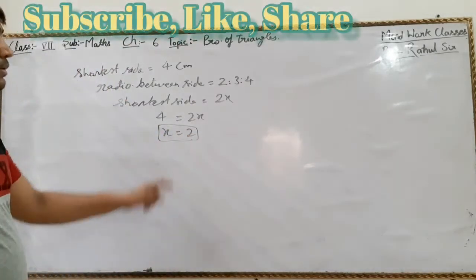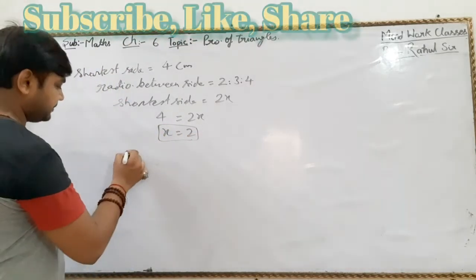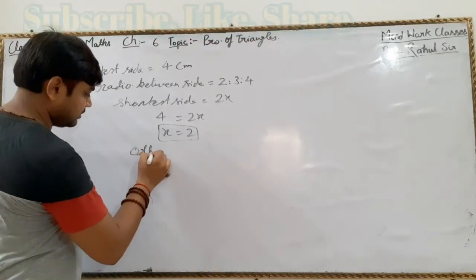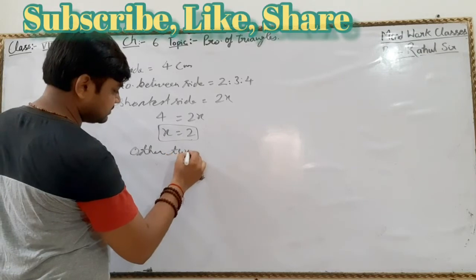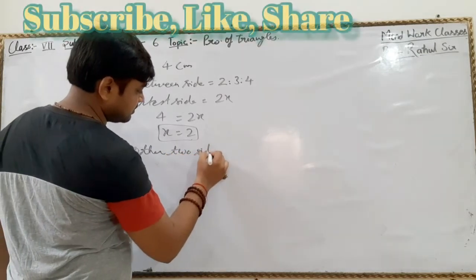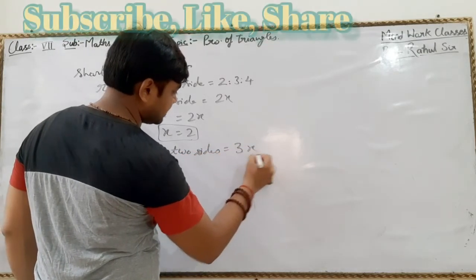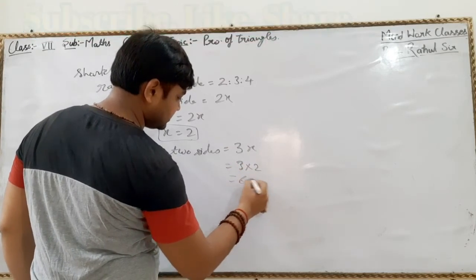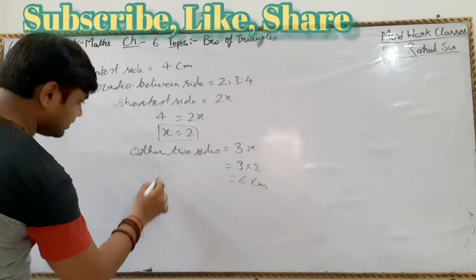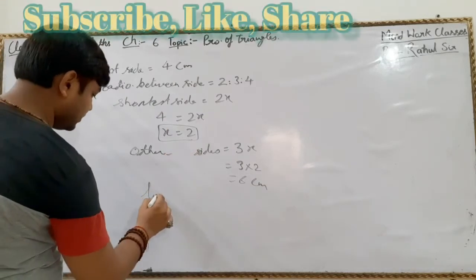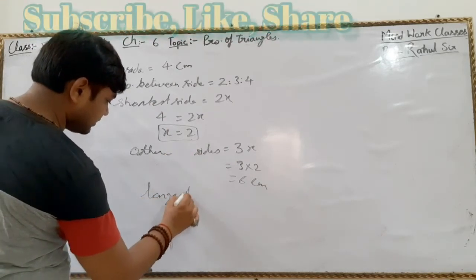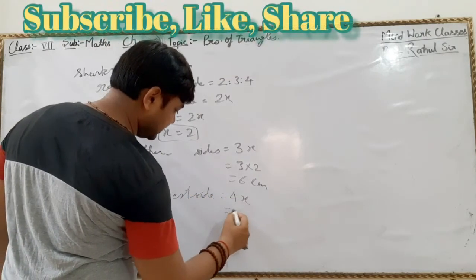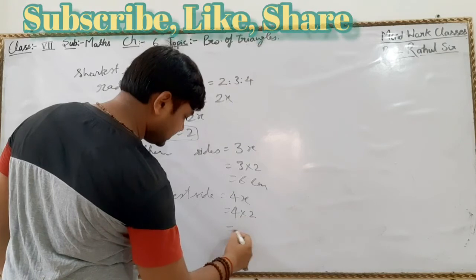Now if x is equal to 2, the other two sides: 3x equal to 3 into 2, that is 6 centimeter, and the other side, the longest side, is equal to 4x, that is 4 into 2, that is 8 centimeter.